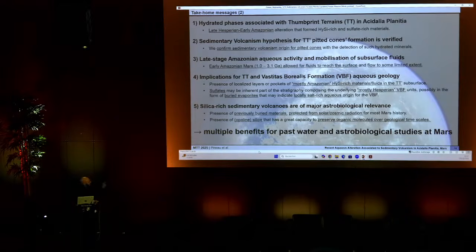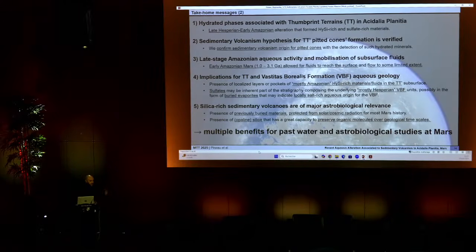And last point, those silica-rich sedimentary volcanoes are also of major astrobiological relevance because first, they give us direct access, at the surface, to previously buried materials that were protected from solar and cosmic radiation for most of Mars history.